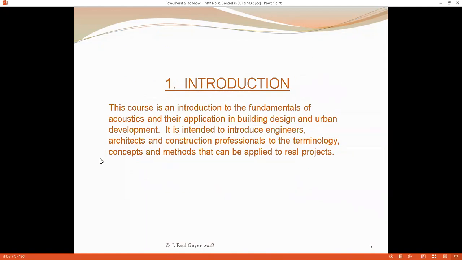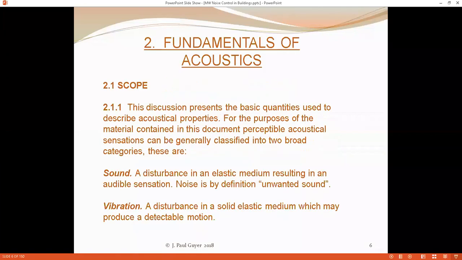Some introductory comments. I want to introduce right up front, along with what we're talking about today, which is noise or acoustics or sound, another physical phenomenon, which is vibrations. And these are companions. And they both originate with something vibrating.